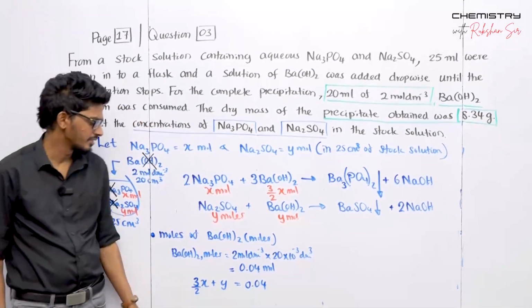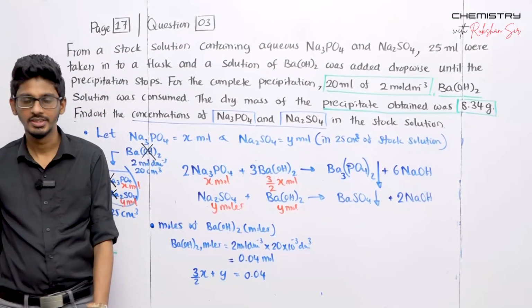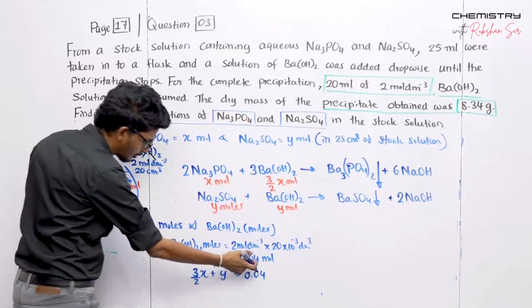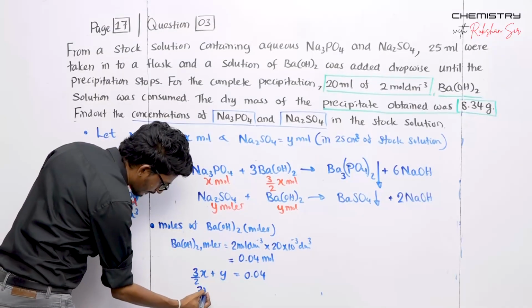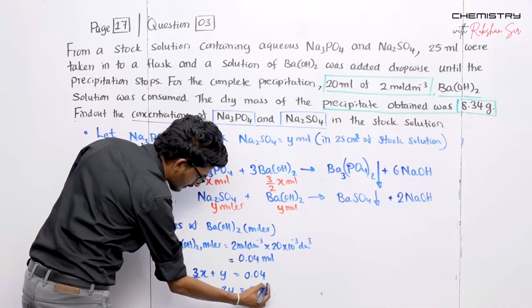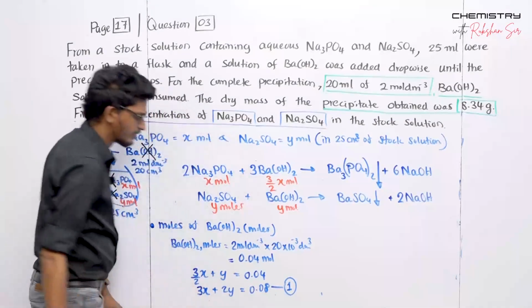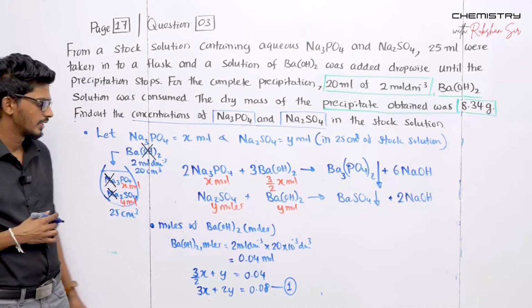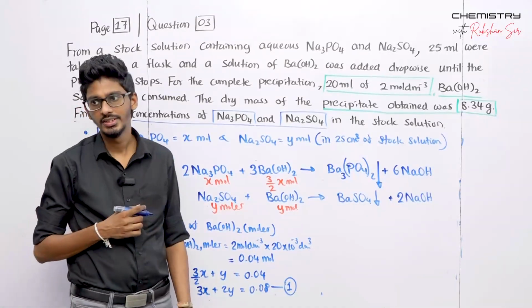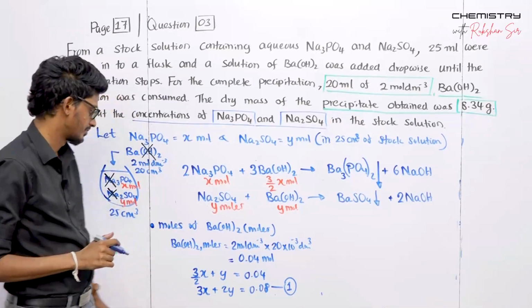Normally the simultaneous equations should be kept in linear form, so it is better to multiply this by 2. So it will give you 3x plus 2y is equal to 0.08. Take this one as the first equation: 3x plus 2y is equal to 0.08.